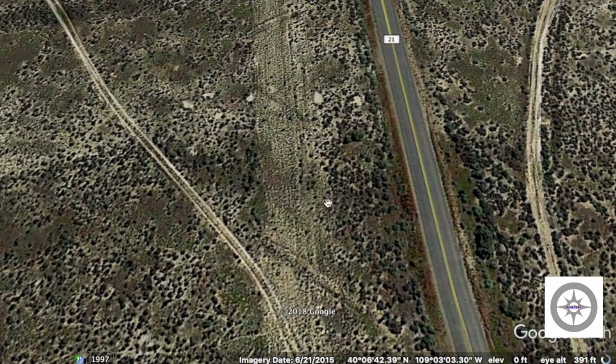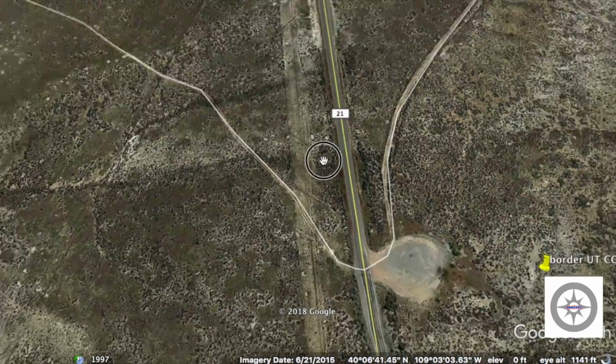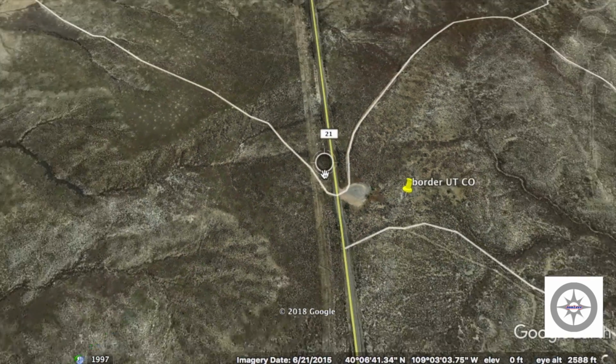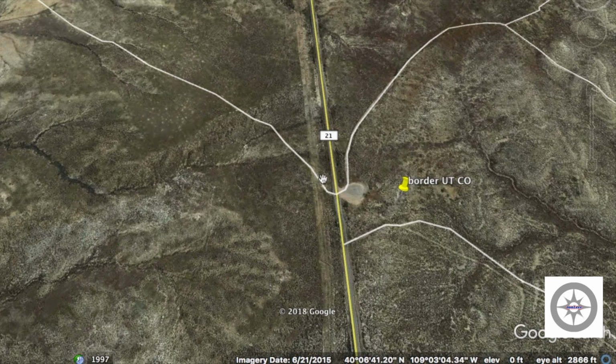I could barely even tell that I was there, except what I did see is an oil pipeline, or some kind of signage that was beginning at this point and running east. And then when I look this way, there was no signage for the pipeline.